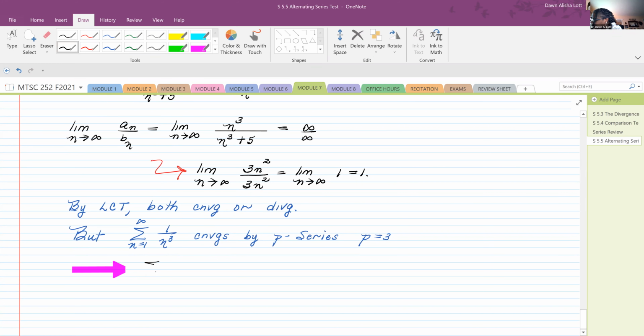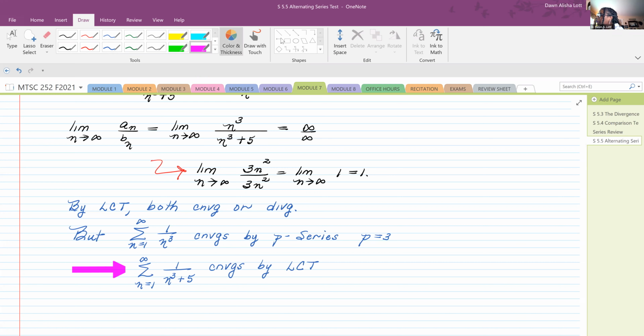that the summation n equals 1 to infinity of 1 over n cubed plus 5 converges by the limit comparison test.